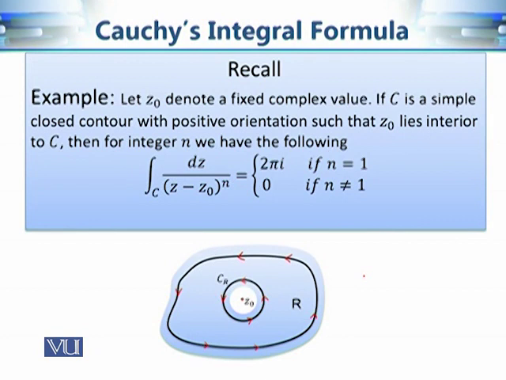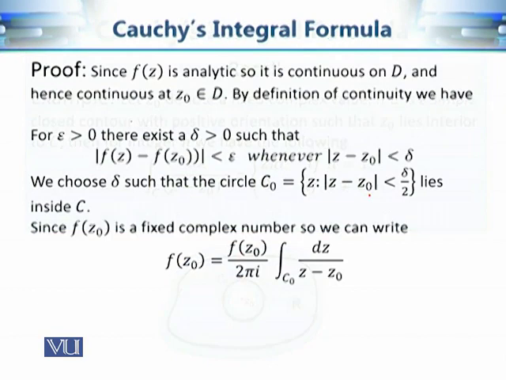Now let's recall a result that we have proved in our previous discussions. The contour integral of 1 over z minus z0 raised to the power n is equal to 2 pi iota if n is equal to 1, and it is equal to 0 if n is not equal to 1. Now we are going to use this result, and we can write down f of z0 in the following form: f of z0 divided by 1 over 2 pi iota and this contour integral.